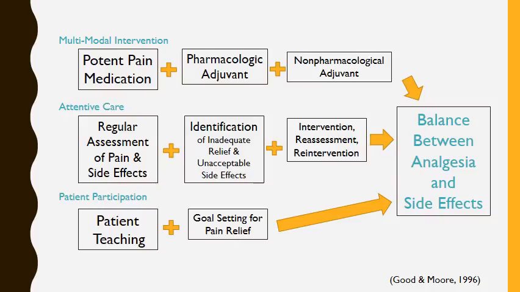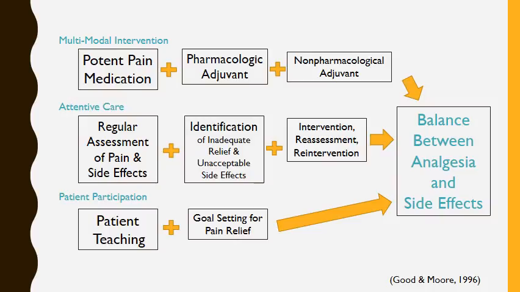The third major concept is patient participation, and the theorists have broken this down into two propositions that are used together. Patient teaching is when the nurse encourages the patient to report pain, and does patient teaching on prevention of pain, inactivity, the use of complementary therapies, and expectations.